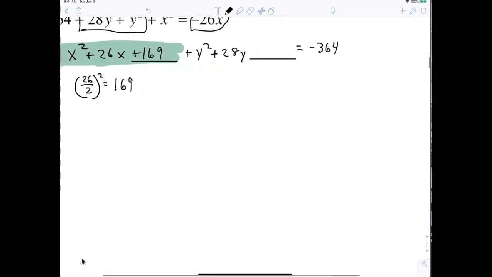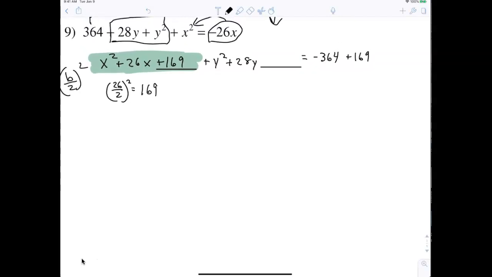So over here now I'm going to add 169. So that was completing the square for x. Now I have to complete the square for what? Y. So to complete the square for y, I'm going to take 28 divided by 2 and square it. You should be able to tell me that's 196, plus 196 on the right side as well.